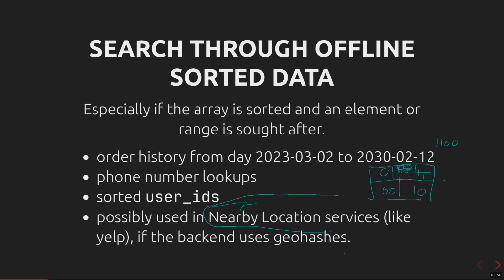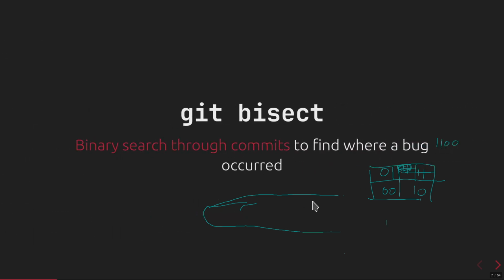Another application of this is git bisect. Say you have version 4.0, but then you have an incoming issue and there exists an actual bug. But where is the bug?